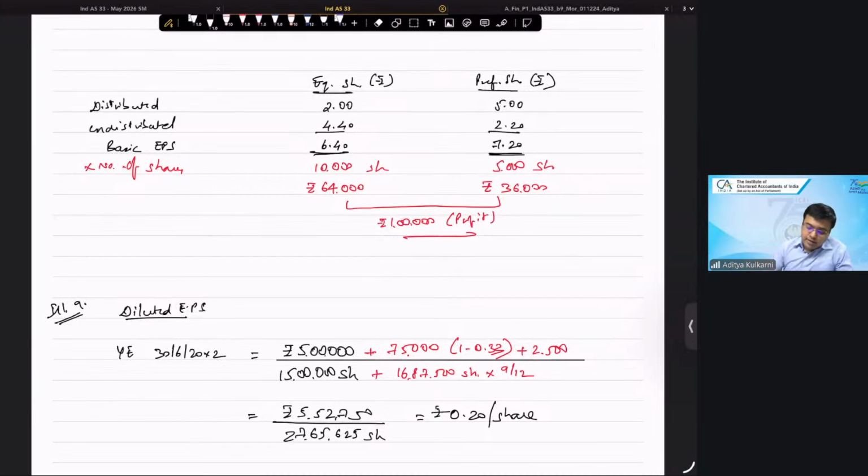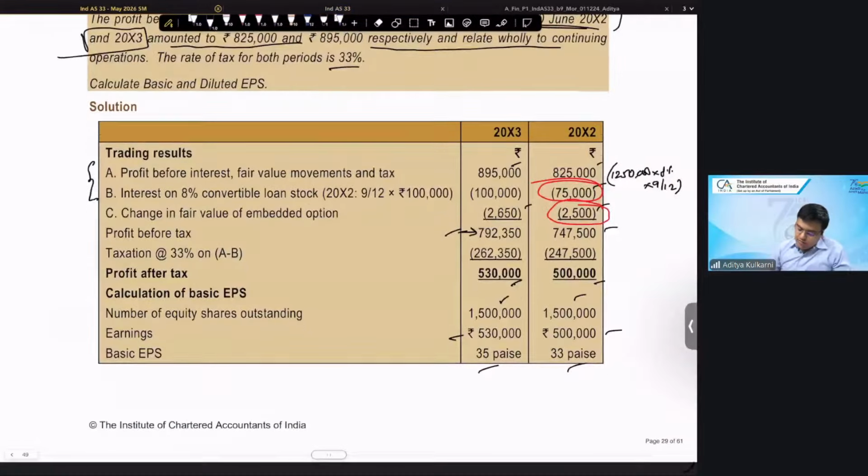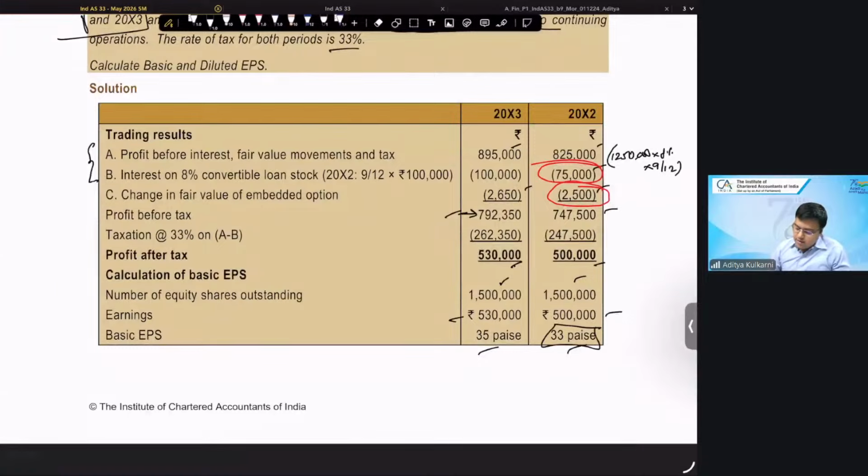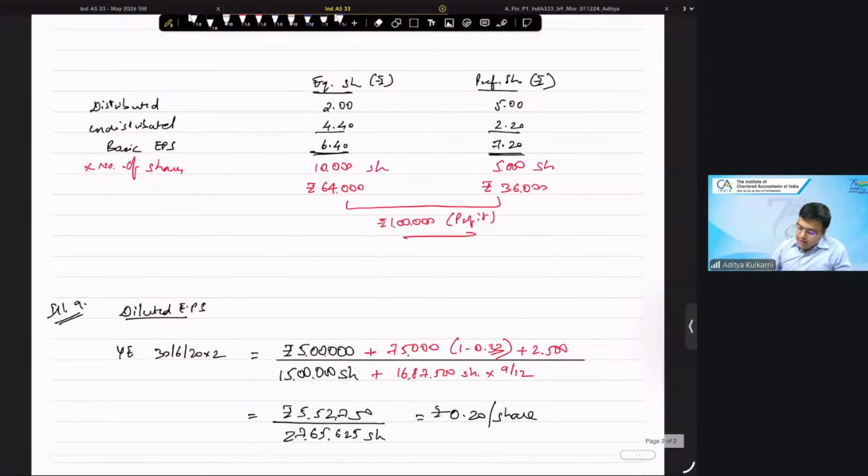Are you able to understand? Your basic was how much? 33 paise. Your diluted is 0.2. Diluted is lower. That means this will be the reported diluted figure.